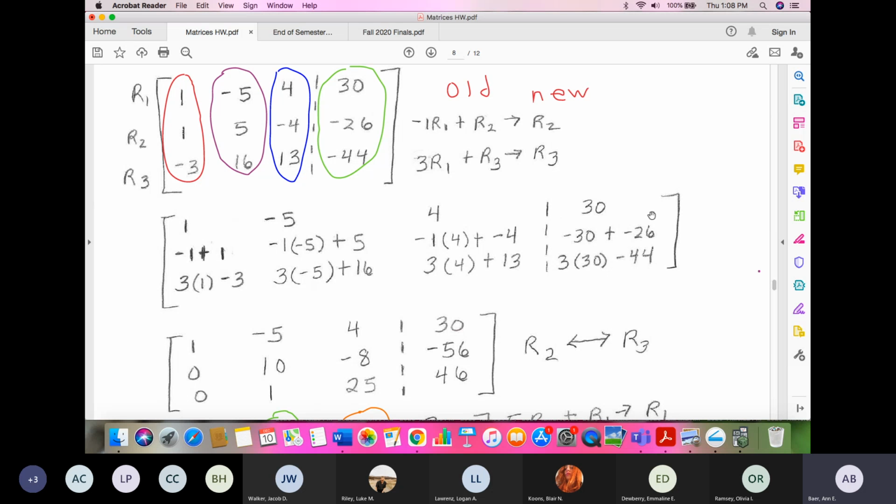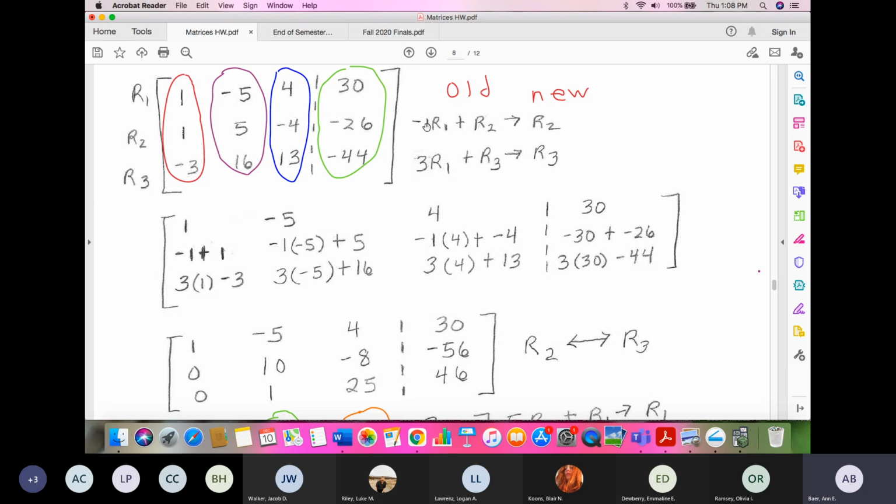Now, we are going to use this row operation and put what we get after we do the calculation in row 2 of the new matrix, working column by column.